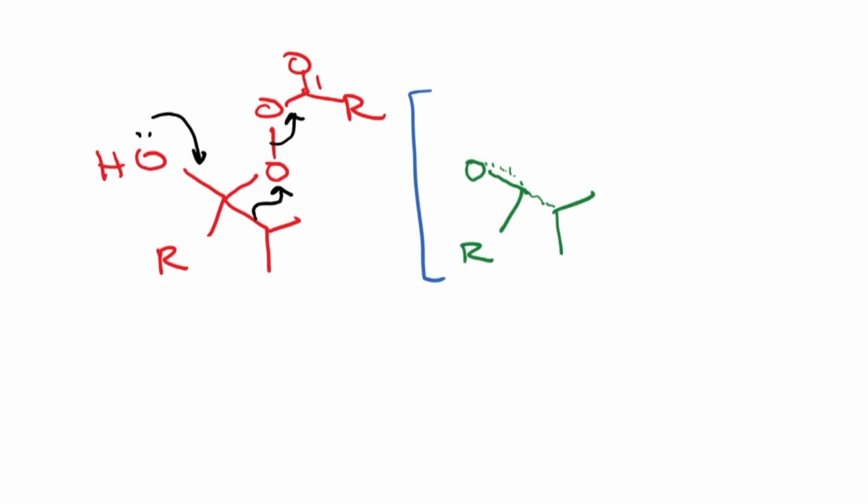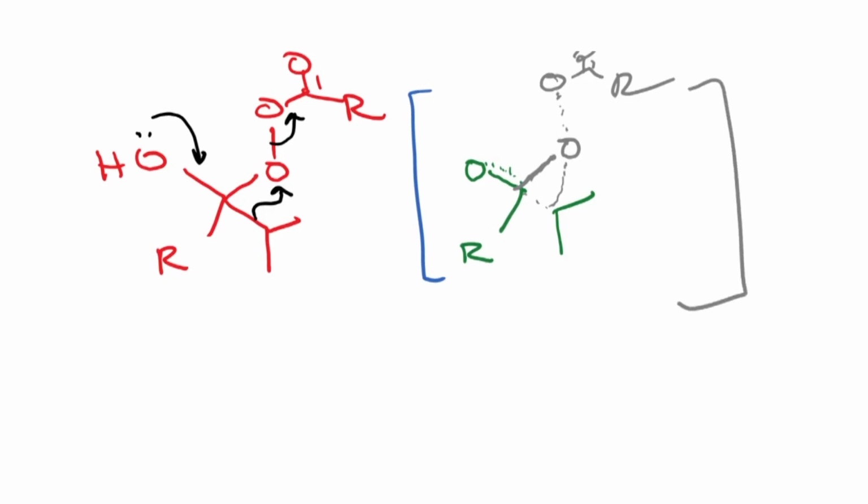The bond between this carbon and oxygen is intact, and this bond is going to break, and so on. Now there's a new bond being formed between this carbon and this oxygen. The transition state is much better drawn out in the textbook, so please do take a look at it.